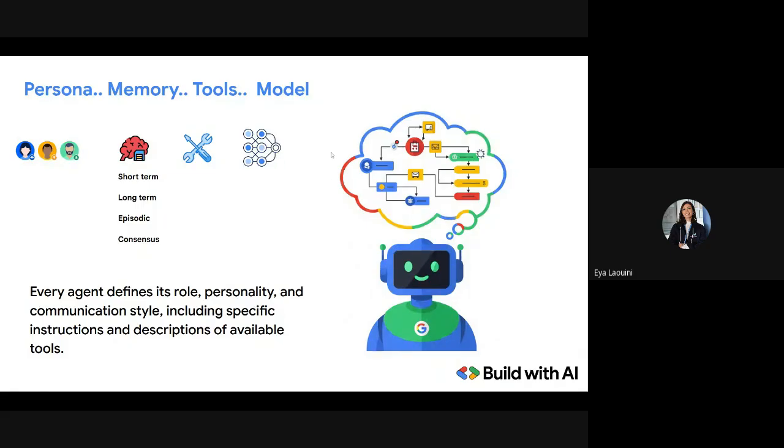We can define its personality, for example, a senior AI engineer with, I don't know, 10 years of experience, a specialist in, for example, machine learning algorithms, etc. Also, we can define the communication style of that agent, including specific instructions and descriptions of everything we need, how that agent can work and act with the tasks.